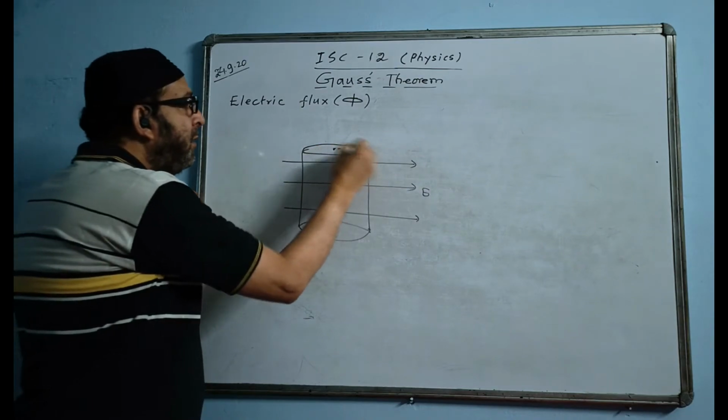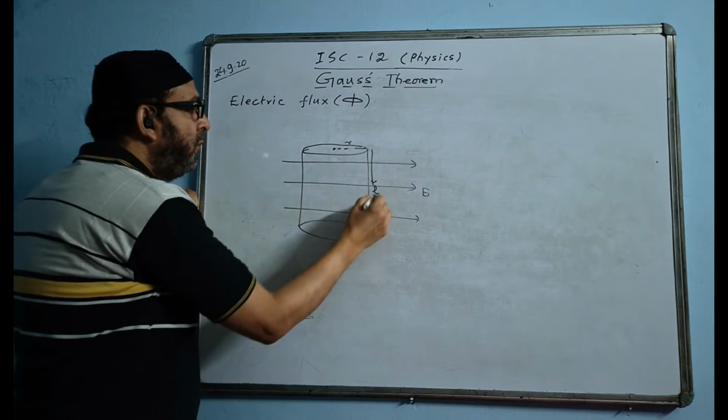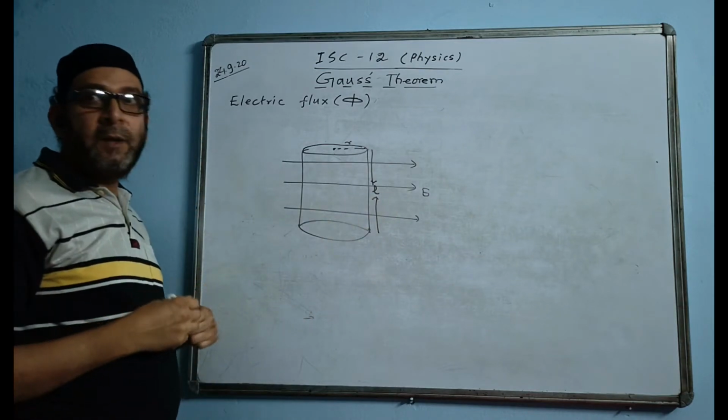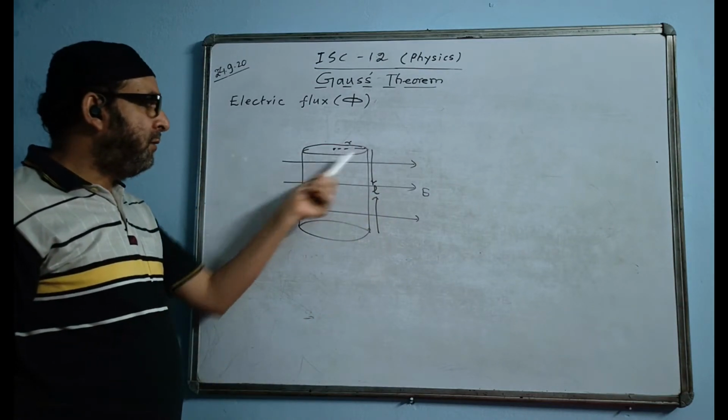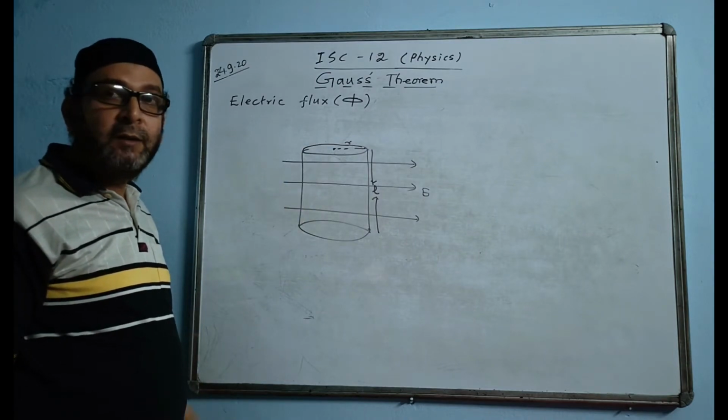The radius is R, length is L. If they ask you to find the net flux passing through the thin cylinder as shown in the figure, how to find it?